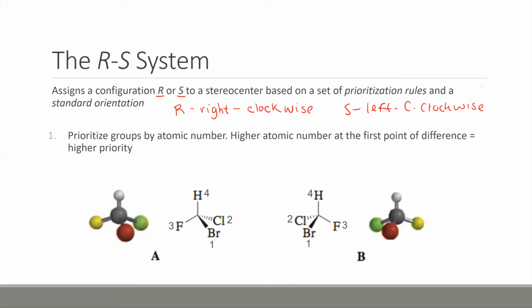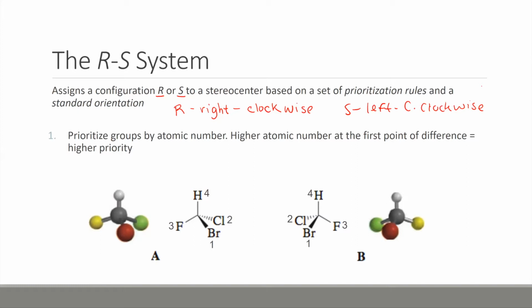So any chiral center, any molecule with a chiral center, can also have that center assigned as an R or an S center. And to do this, there's a set of rules. The first thing you want to do is prioritize the groups around the center by their atomic number, where higher atomic numbers are at the first point of difference give a higher priority.